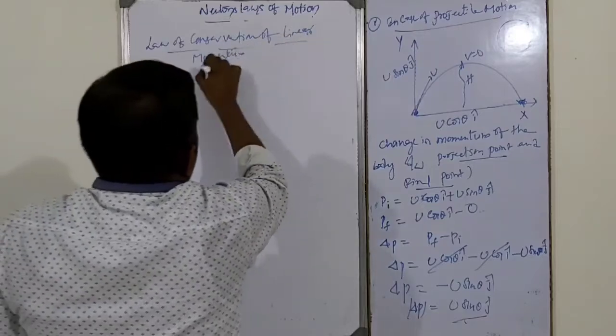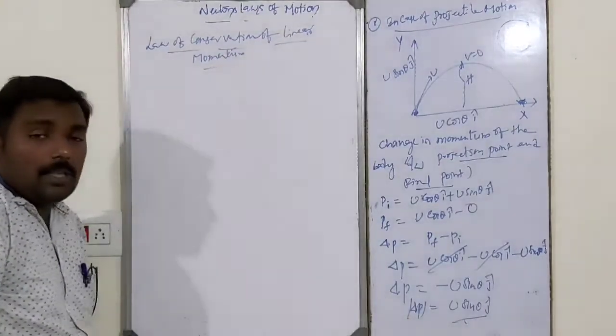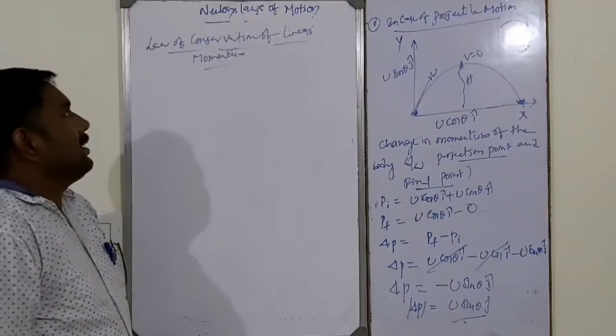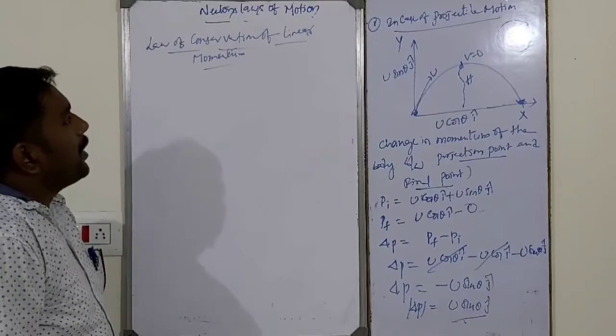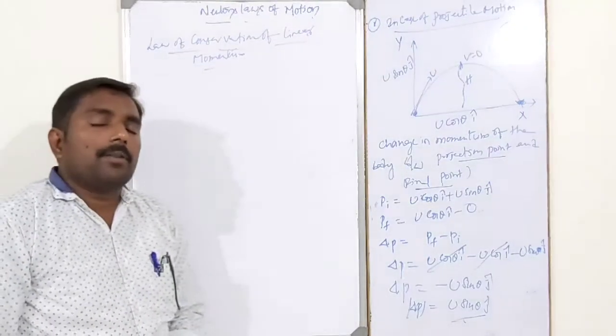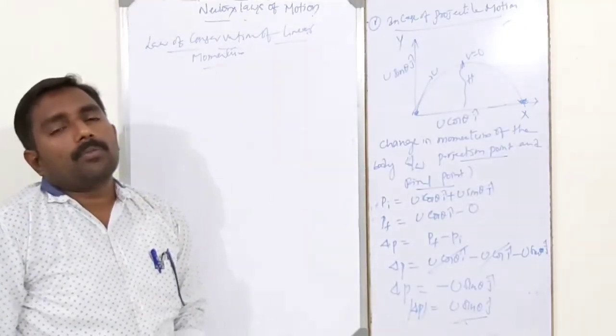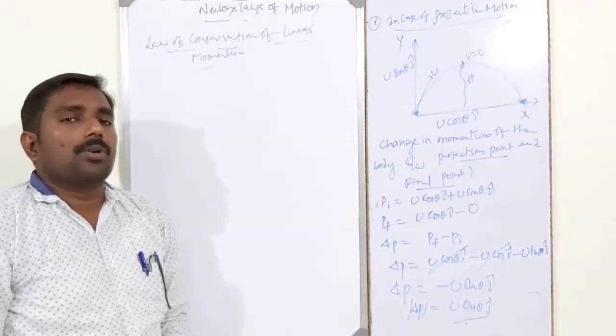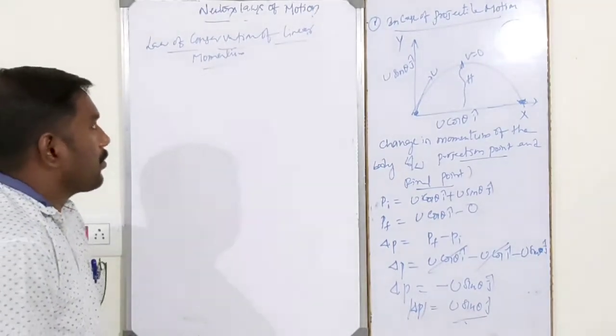We have already discussed it in regular classes. The law of conservation of linear momentum states that the total momentum of the two bodies before collision is equal to the total momentum of the two bodies after collision.